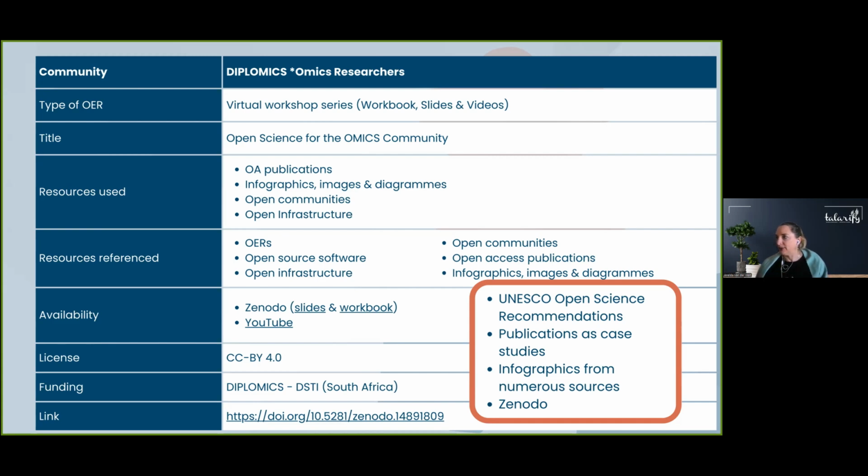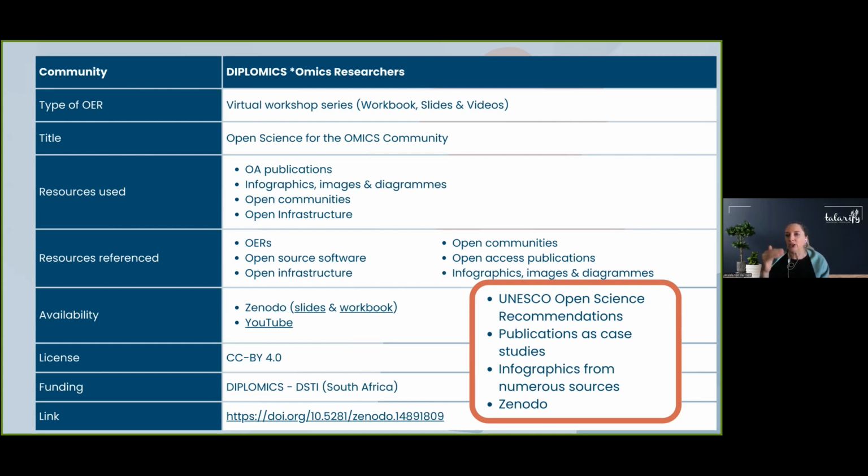Some of the resources that we used in the development of this resource were the UNESCO Open Science recommendations. We used some open access publications as case studies to show how open science practices are made visible when you publish a paper, because you can then see where the data is, where the code is, whether the publication is under open access, and the protocols for your research.